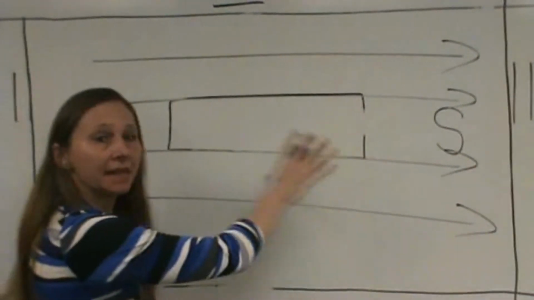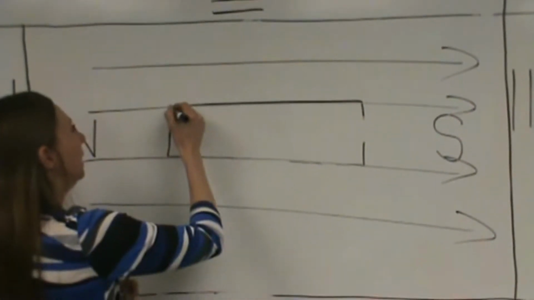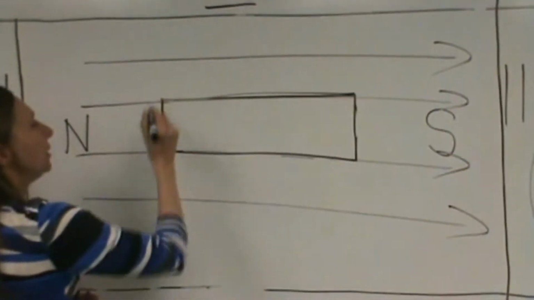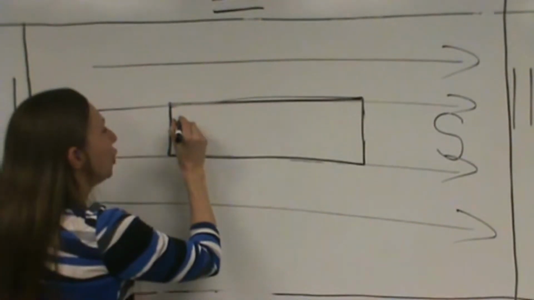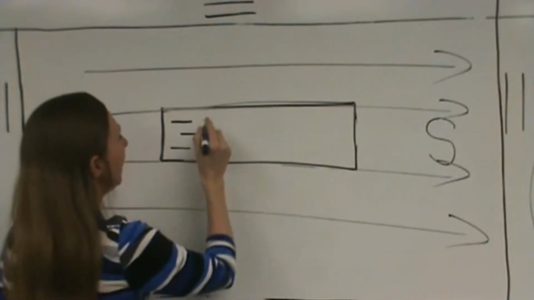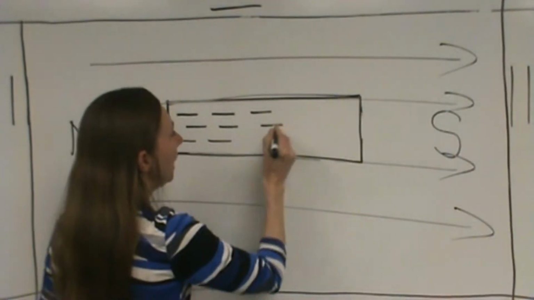So this is a magnetic field, a strong magnetic field, and I put my piece of iron into that strong magnetic field. What happens is it causes the little domains, the little atoms, and the electrons that they have to line up, and now you have a magnet.